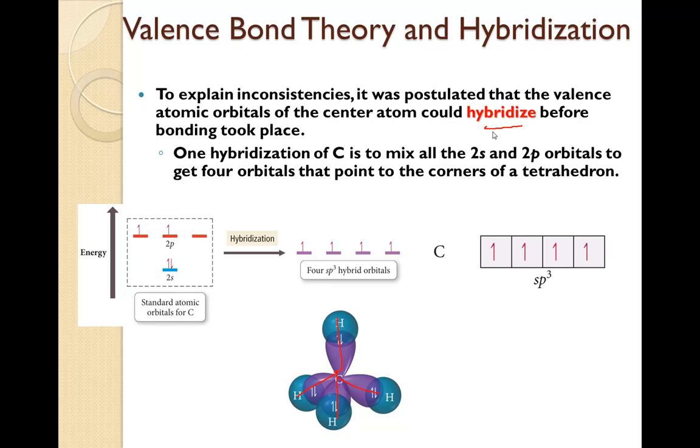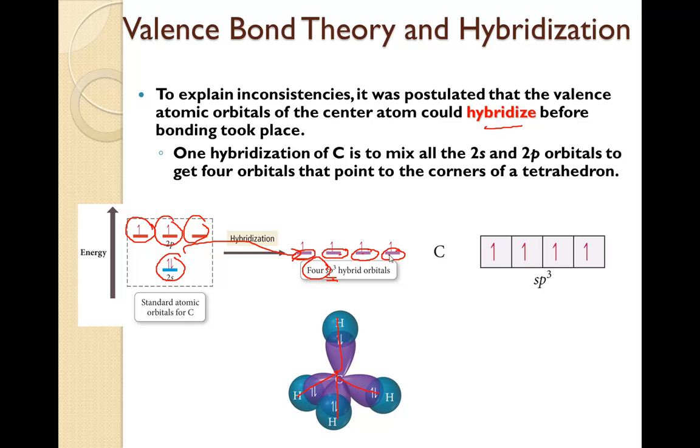To explain inconsistencies, it was postulated that the valence atomic orbitals of the center atom could hybridize before bonding took place. So what's happening is we have 1 2s orbital and 3 2p orbitals that are blending together to form 4 total hybrid orbitals, sp3. So when we talk about sp3 hybrid orbitals, there's a total of 4: 1, 2, 3, 4.